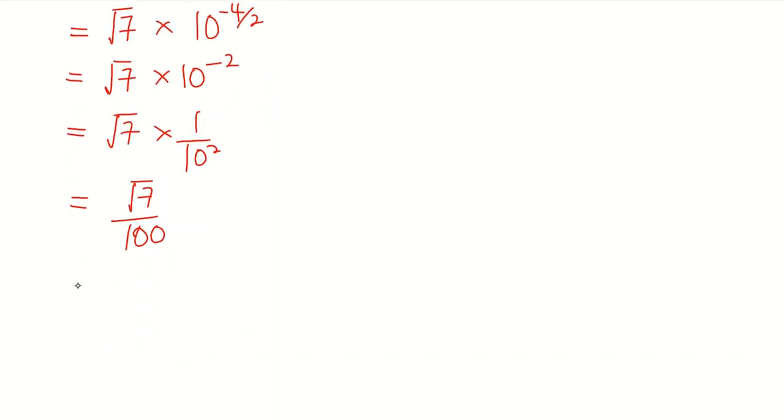Now we can do our substitution, knowing well that our square root of 7 is giving us 2.646. So with that, our solution now becomes 2.646 divided by 100.